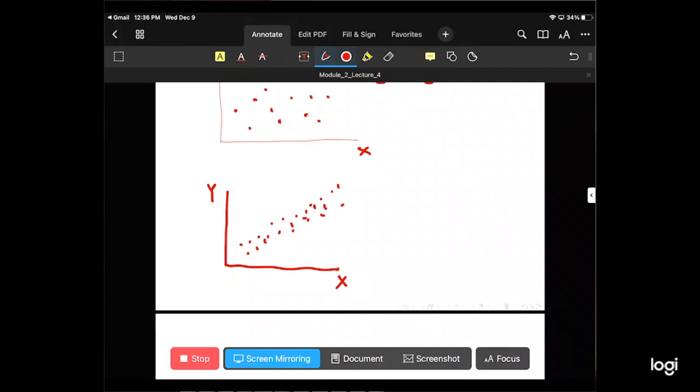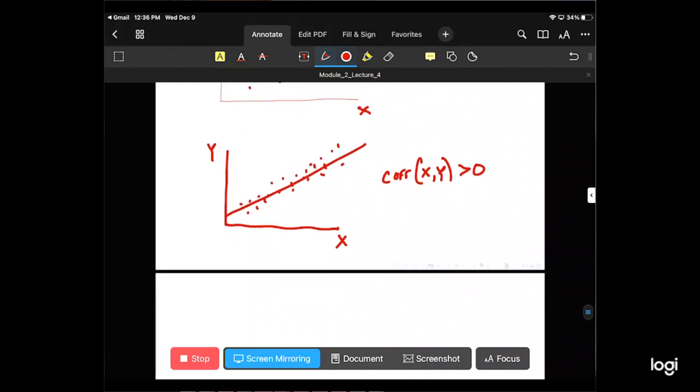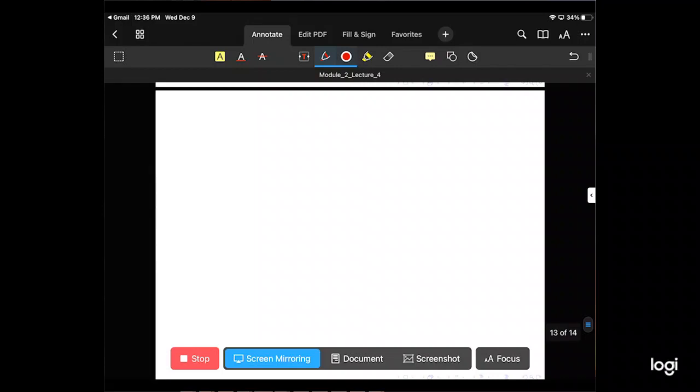I can draw a line that goes like that. So now I would say the correlation between X and Y is greater than 0. It's positive correlation. Not necessarily 1. Correlation of 1 would be a line. This is just some positive correlation. This is pretty high correlation though.